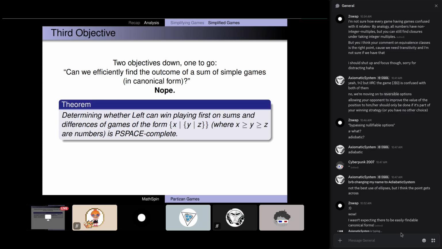No, please. I was going to say the p-space complete part means that there exists some polynomial algorithm for any particular polynomial complexity problem that basically turns it into this one.